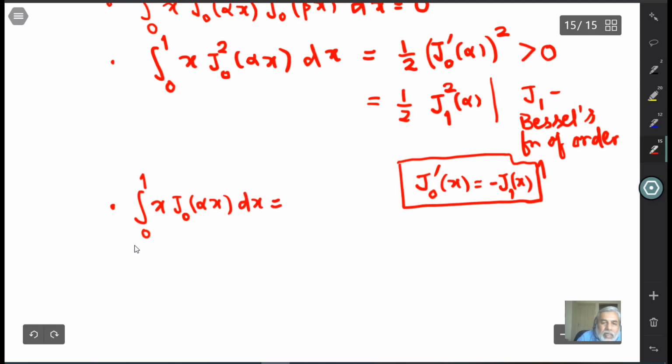Here we required alpha to be a root of J0 before, but in this computation we do not require that. This is just J1(alpha) by alpha, for alpha positive.